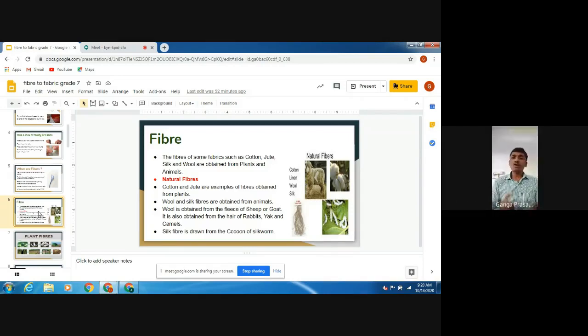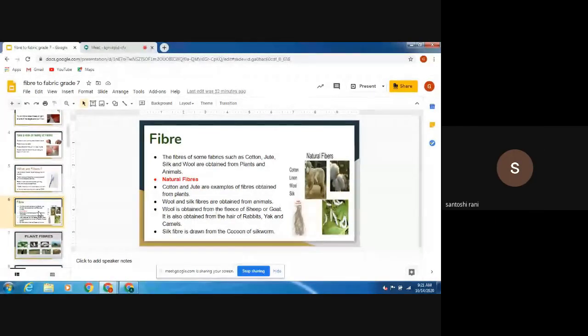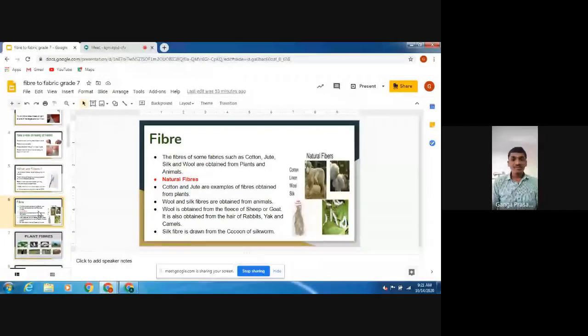And silk from silkworm. So cotton, jute, wool, silk: all these fibers are natural fibers, because the fibers which are obtained from plants and animals are called natural fibers.